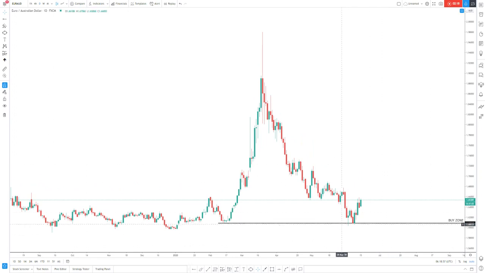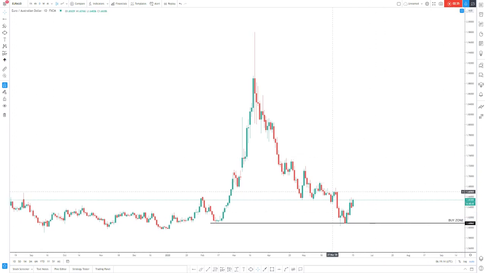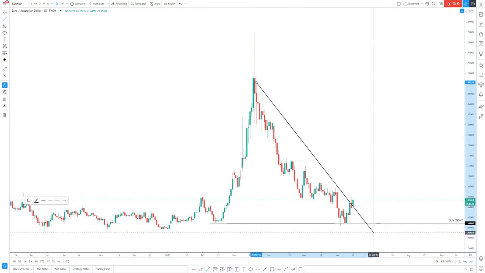We have a buy zone within a buy zone on the weekly time frame, a buy zone on the daily time frame, then the RSI oversold, which is now moving to the upside. We also have an engulfing candle at that buy zone, just a ton of confluences.